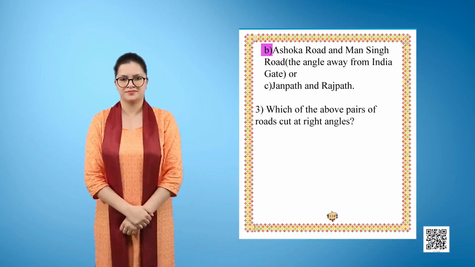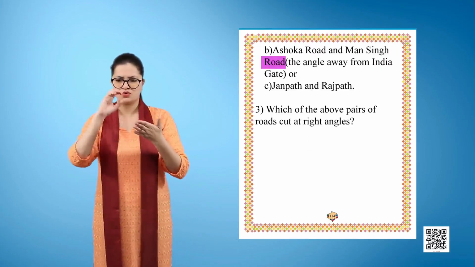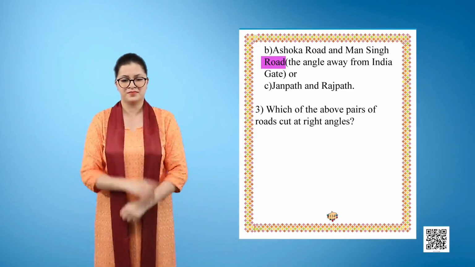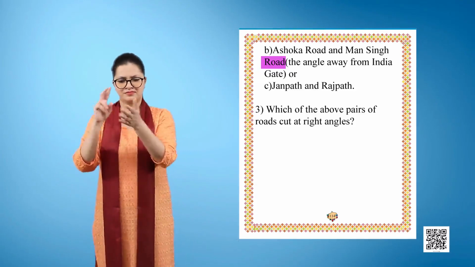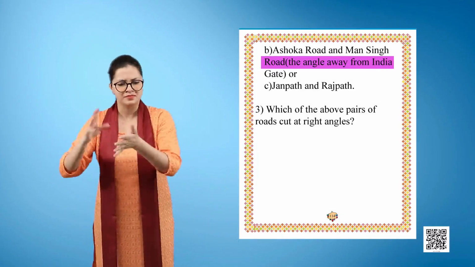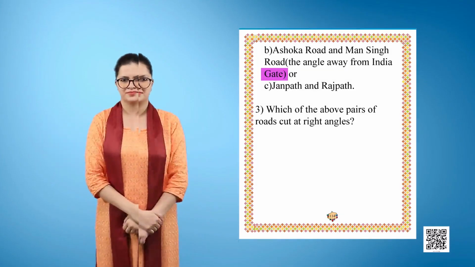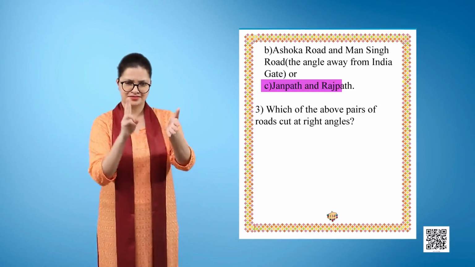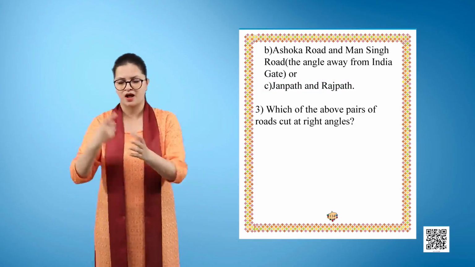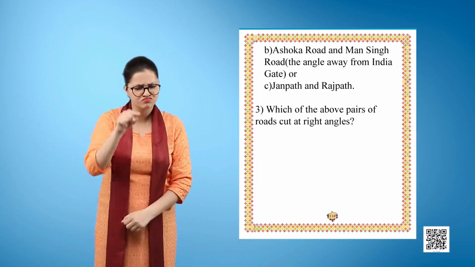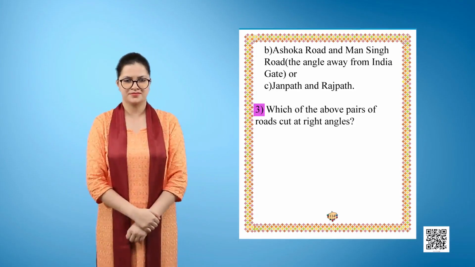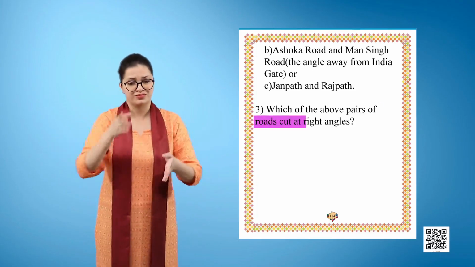B. Ashoka Road and Man Singh Road, the angle away from India Gate. Or C. Janpath and Rajpath. Three. Which of the above pairs of roads cut at right angles?